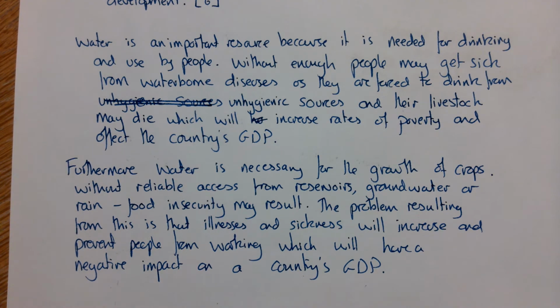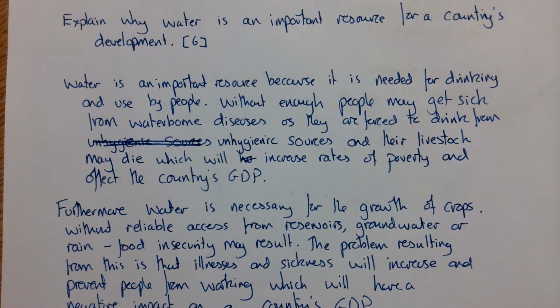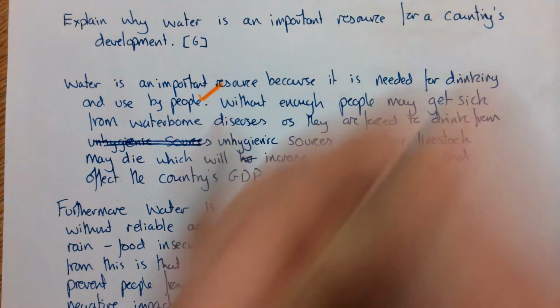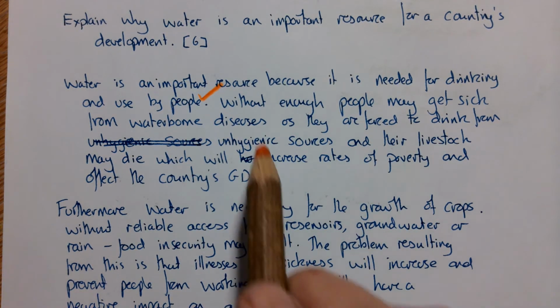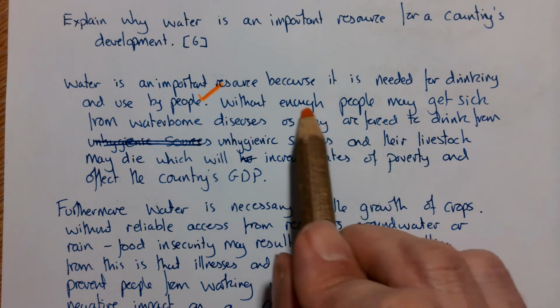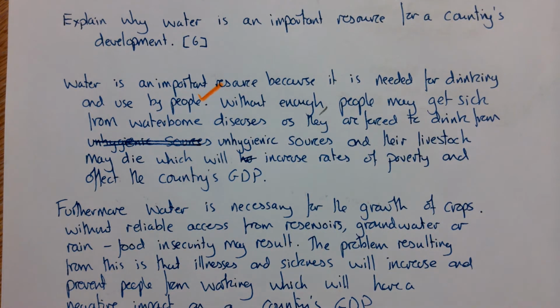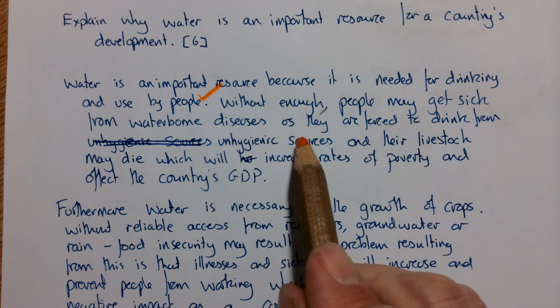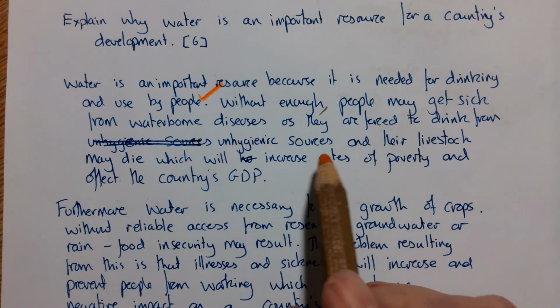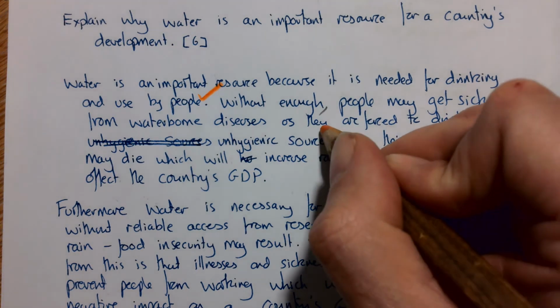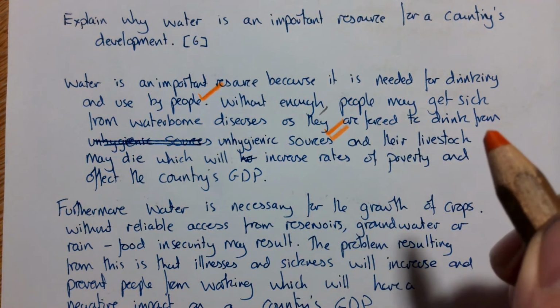First of all, water is an important resource because it is needed for drinking and use by people. There is a simple point. Without enough, there should be a comma there, Paul. Without enough, people may get sick from waterborne diseases as they are forced to drink from unhygienic sources. So there's an explanation.